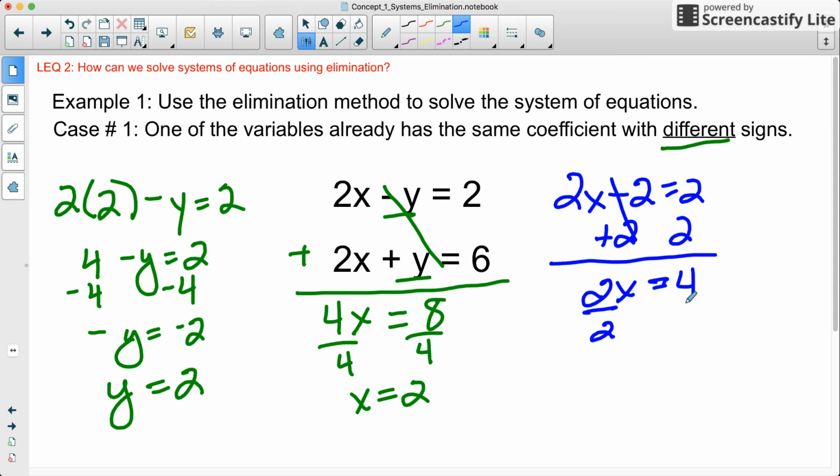Divide both sides by 2. So x equals 2. My solution for this system is 2, 2. So at 2, 2, these lines will intersect.